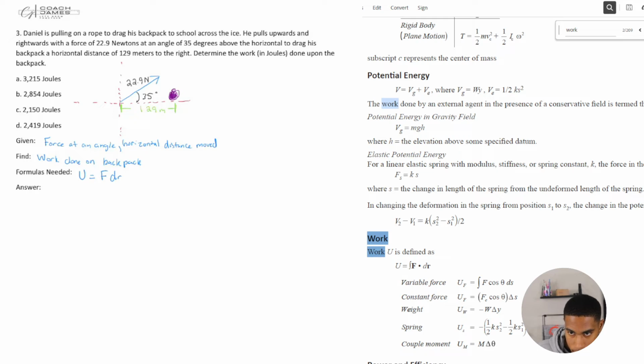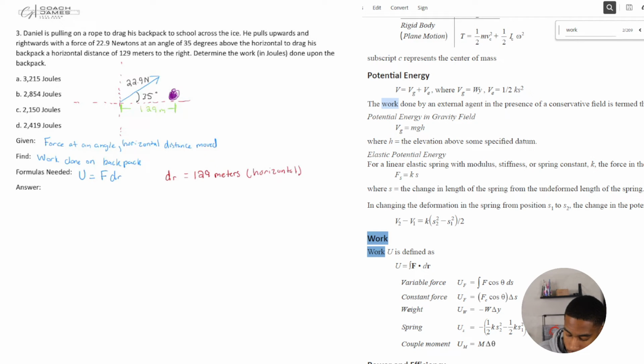Okay. So what is our change in distance? Just start substituting the variables that we're given. So dr, our change in distance, is equal to 129 meters, right? But that's in a horizontal direction. What is my force? Well, is my force 22.9 newtons?